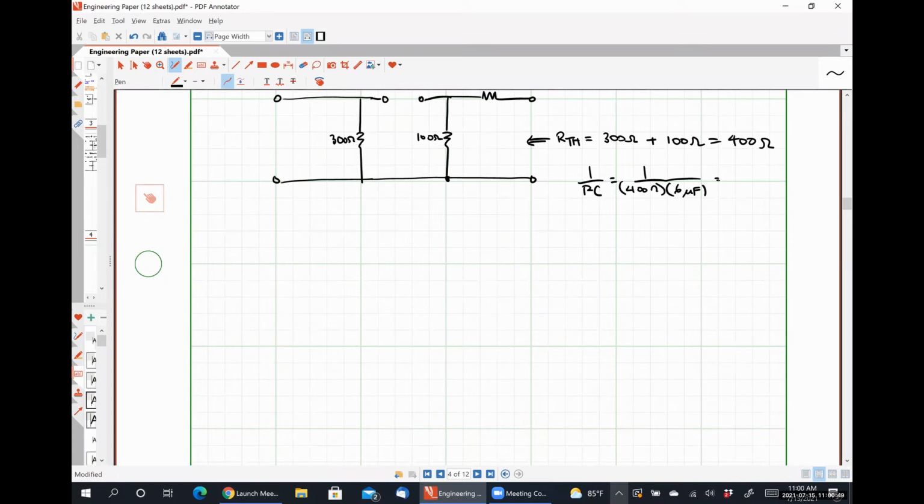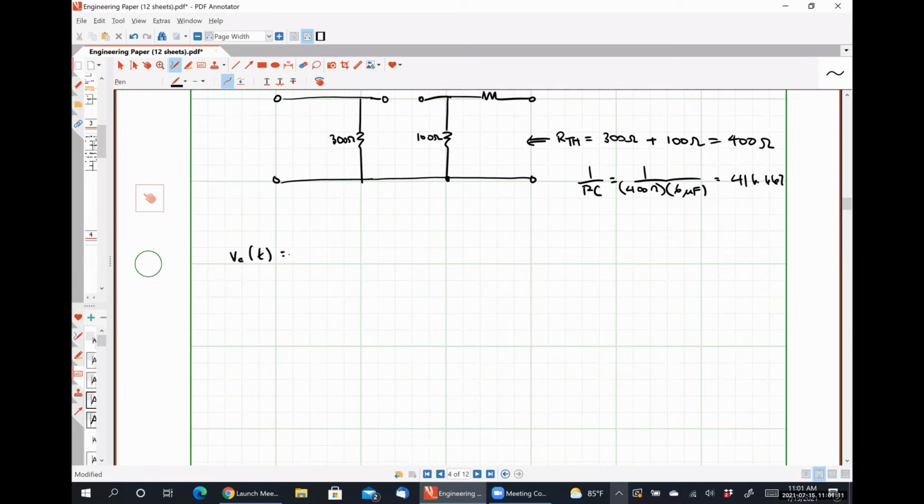What that's going to give me is 1 over 400 times 6 times 10 to the minus 6, which is 1,250 over 3, 416.667.